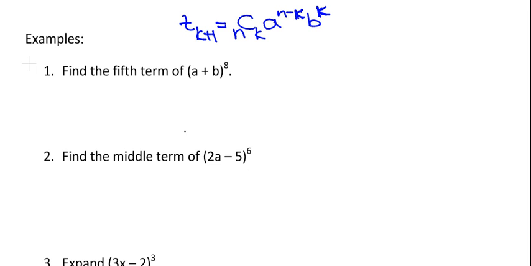Okay, so finding the fifth term, if I'm looking for t5, I should be plugging in k is 4 for the same reasons that I just talked about in the last example that I made up.